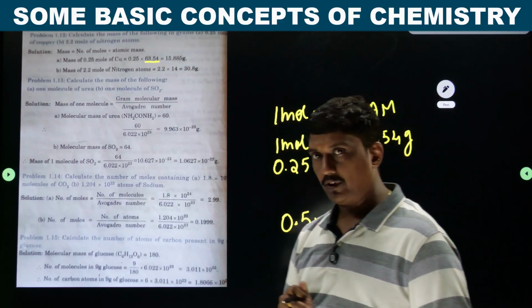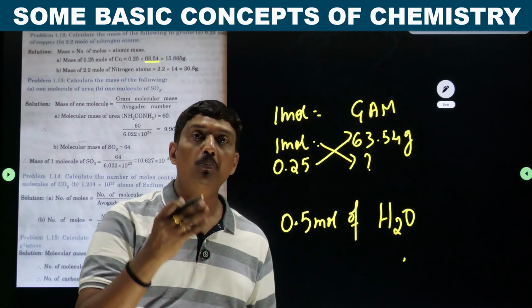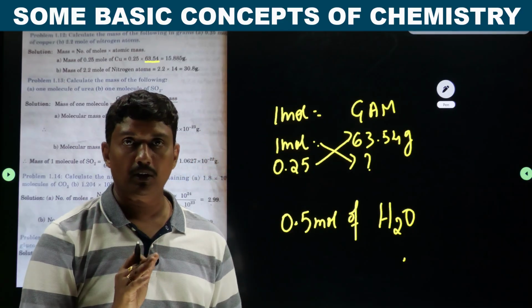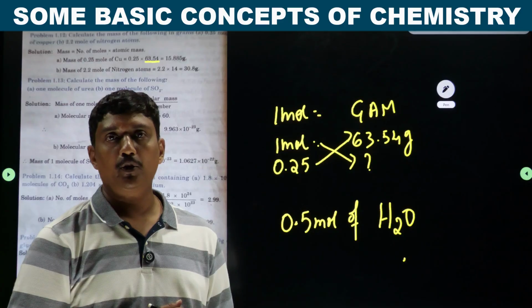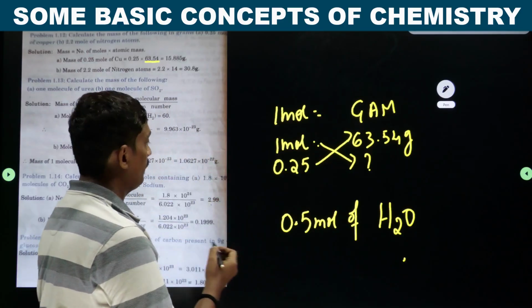They have given 0.5 moles. To get 0.5 moles, how much mass of water is to be taken? How many grams of water to be taken? Very simple. Either you can use this formula.